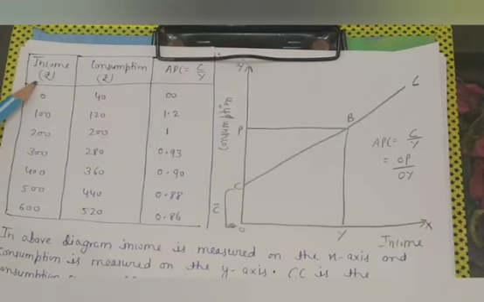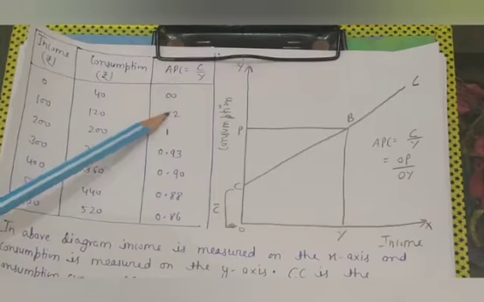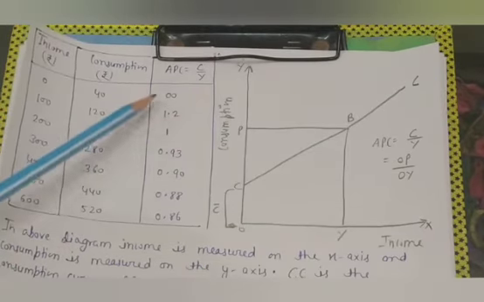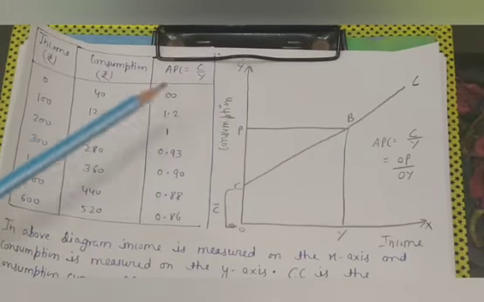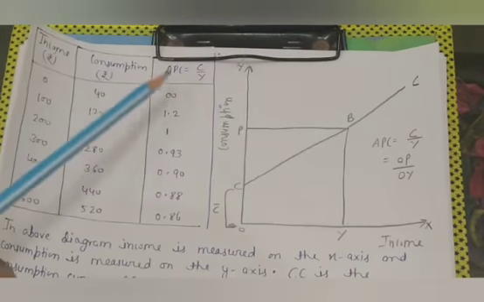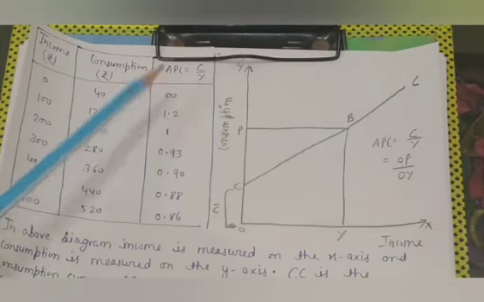When income increases, the level of APC decreases, and when income decreases, the level of APC increases. So there is an inverse relationship between income and APC. All of you have understood how to calculate the value of APC in a schedule.